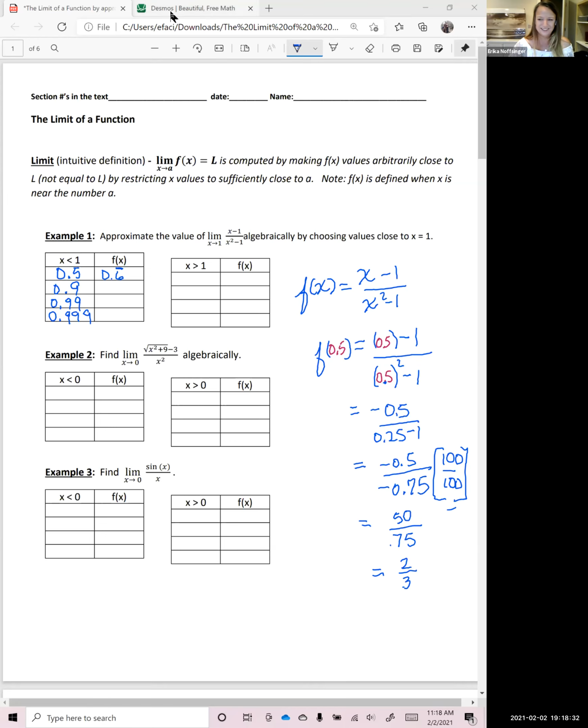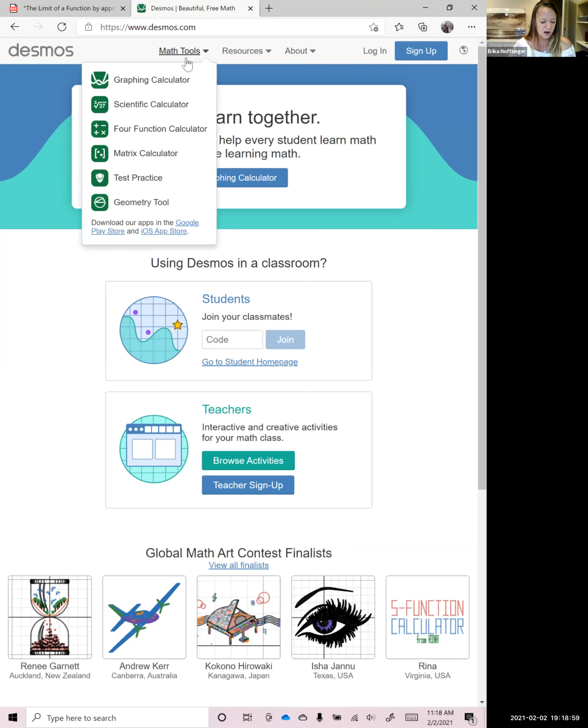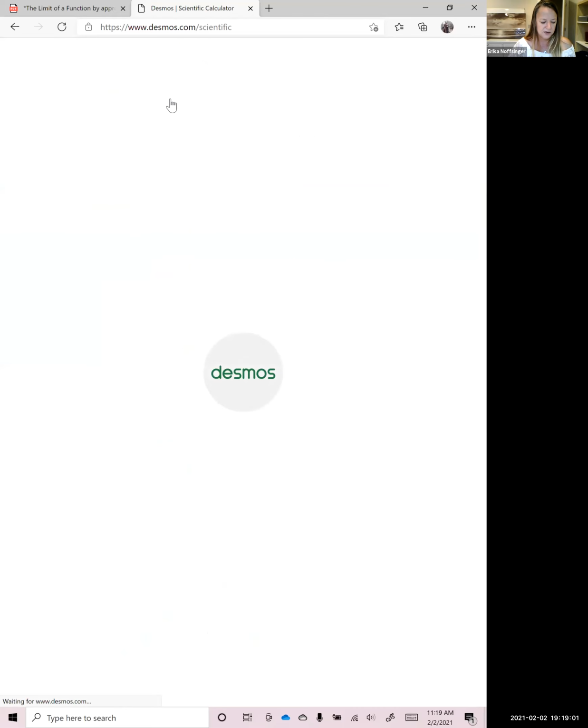So Desmos will be your friend, and you can use this for certain pieces of your homework where you're going to have to plug in values like that into some function. Desmos.com is a cool feature. Unless you have a graphing calculator, you can use that too, but you can't use that on a test.